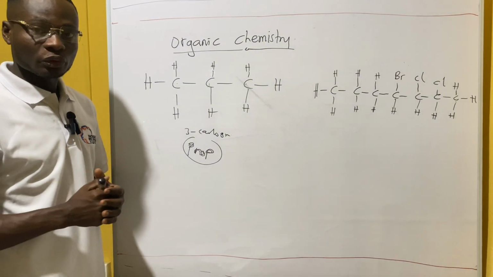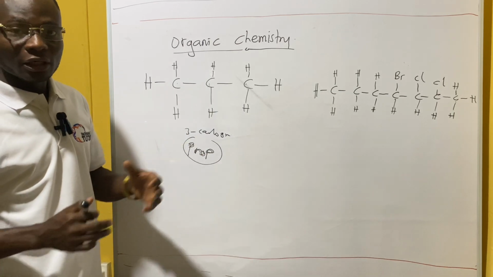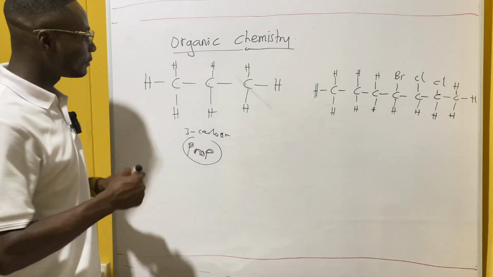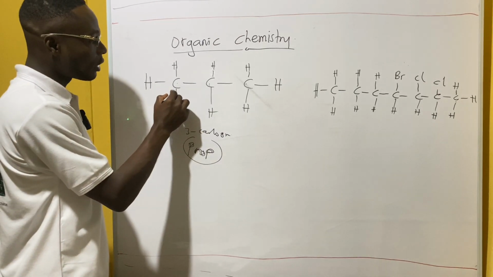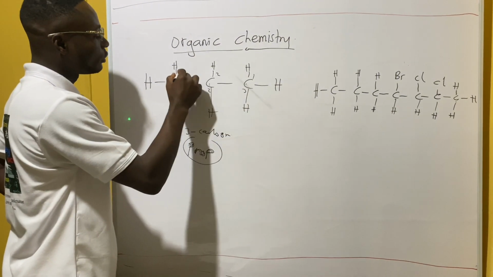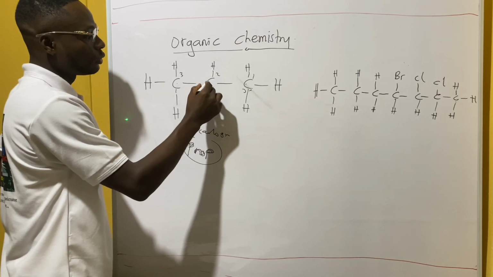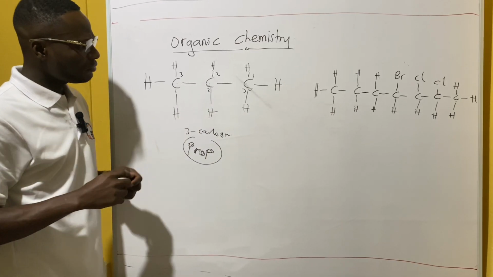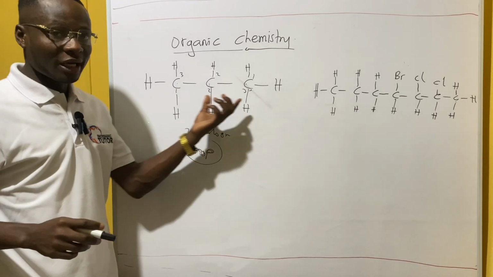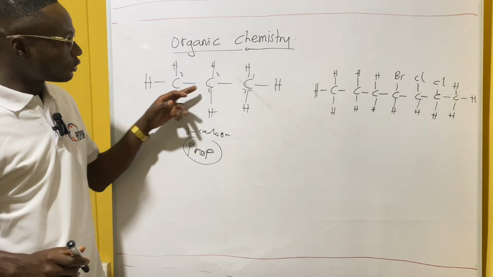continuous, longest continuous carbon chain. When you count from here, 1, 2, 3. When you count from here, 1, 2, 3. So this is the longest continuous carbon chain, and that is 1, 2, 3.